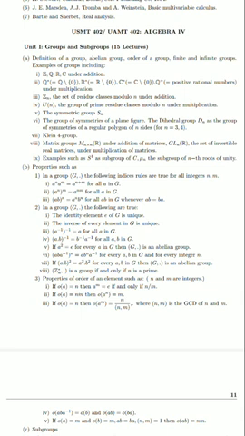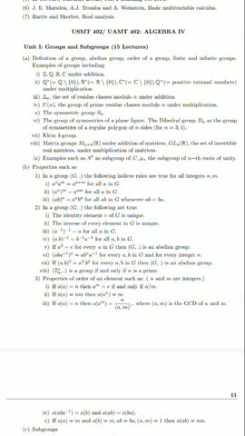Examples of groups including the set of integers, rationals, real numbers, complex numbers under addition, and rationals containing no zero, or non-zero rational numbers, non-zero real numbers, and non-zero complex numbers under multiplication.